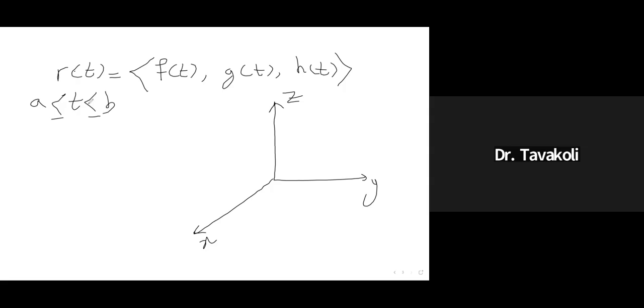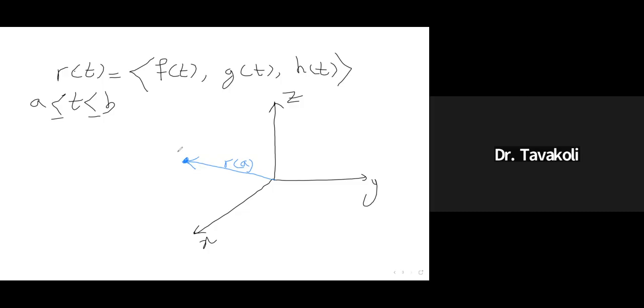So at a, we have the vector r(a), which is f(a), g(a), h(a). Suppose that's the vector r(a). And the end point is the point f(a), g(a), h(a).